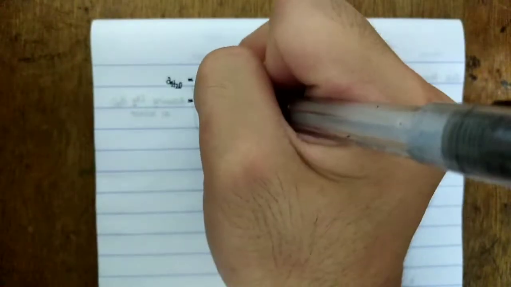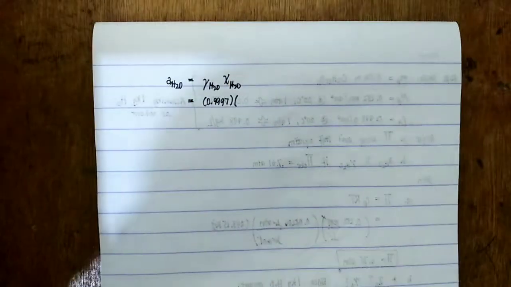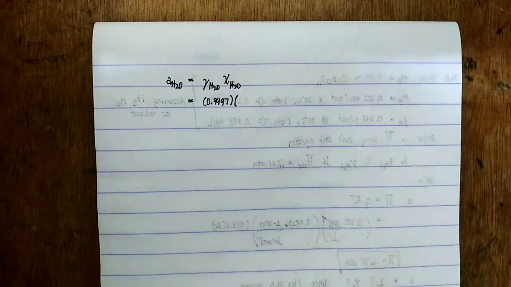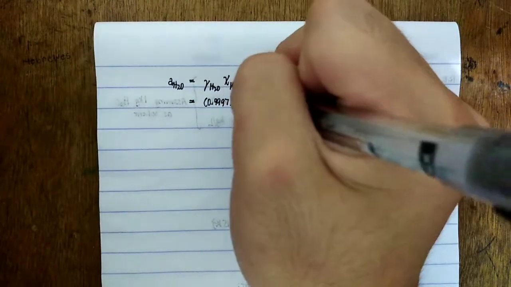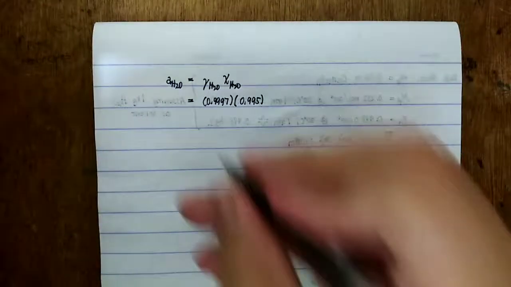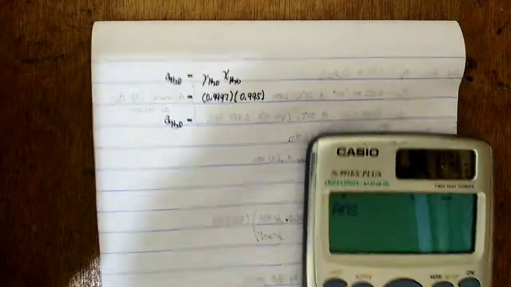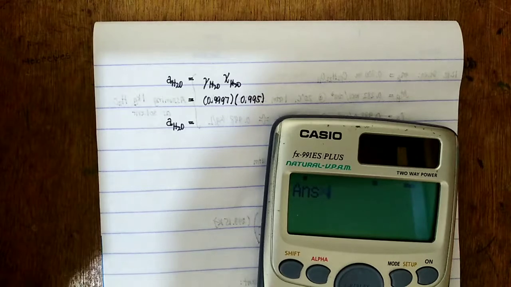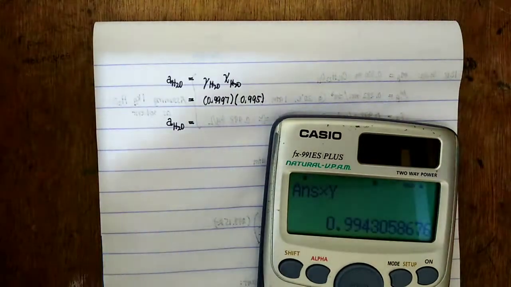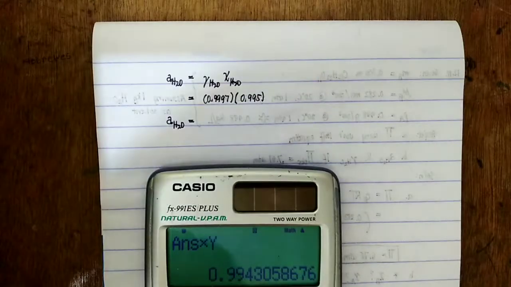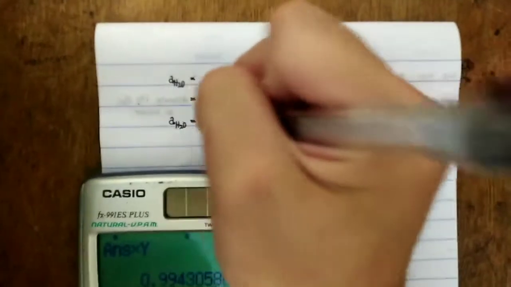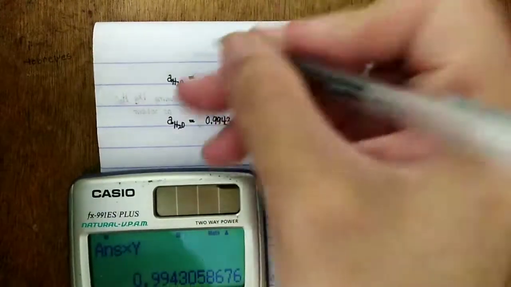That's 0.9997 times the mole fraction of water also computed earlier. That's 0.995. Now multiplying the two together gives us the activity of our water. And for that, we now have the following. So the activity of water is equal to 0.9943.